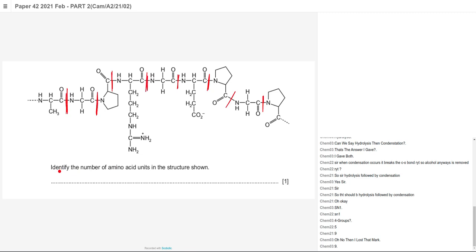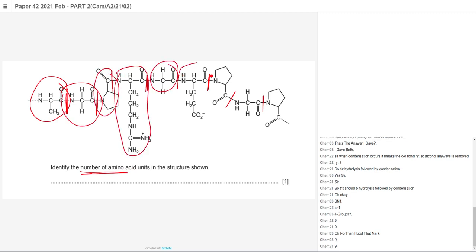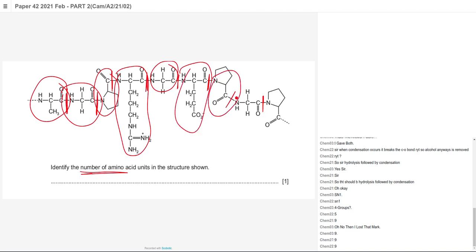Remember, the question should be read carefully. Number of amino acids. It can be the same one, same type. So 1, 2, 3, 4, 5, 6, 7, 8, 9. 9 amino acids. So some of them are the same, but it doesn't say how many. Identify the different types of amino acids. It says just identify the number of amino acids, right?